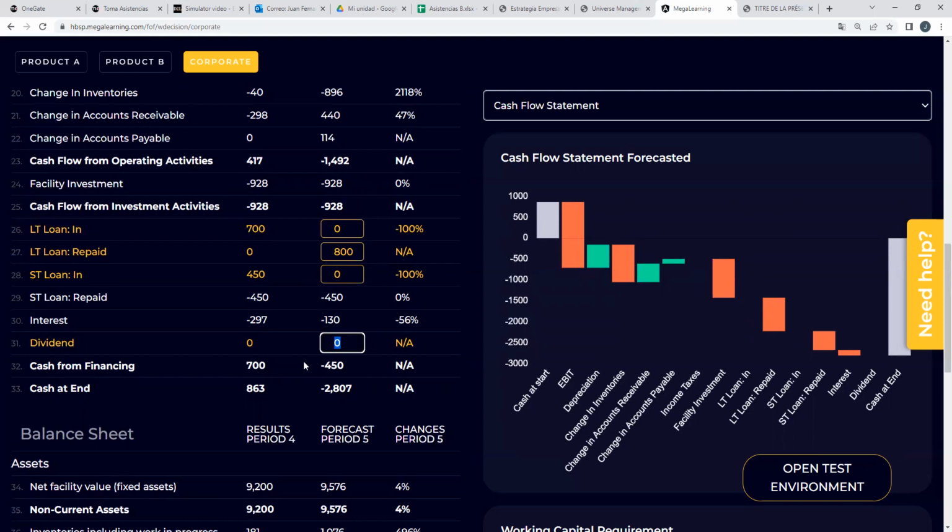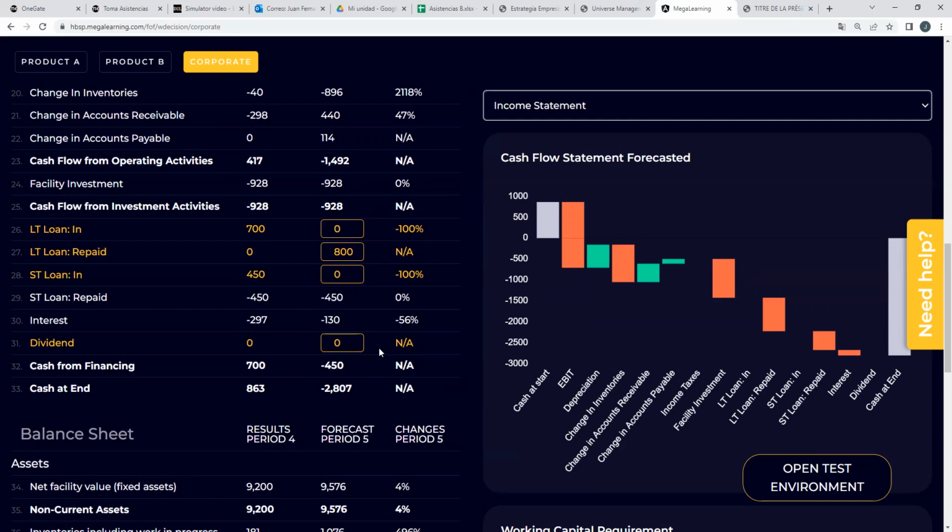Up to now, the company has not yet given profits, so there are no profits to distribute with investors. If you put here a dividend of $1, it's going back to zero because there is no money to distribute, okay?